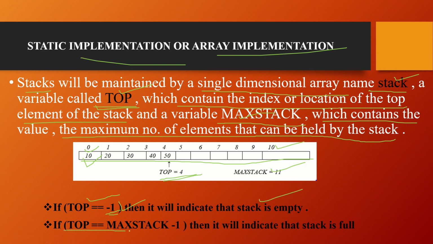If top is equal to max stack - 1, where max stack is 11, the total elements a stack can hold go up to index number 10. So when top is max stack - 1, we say the stack is full, and no more elements can be added into the stack.